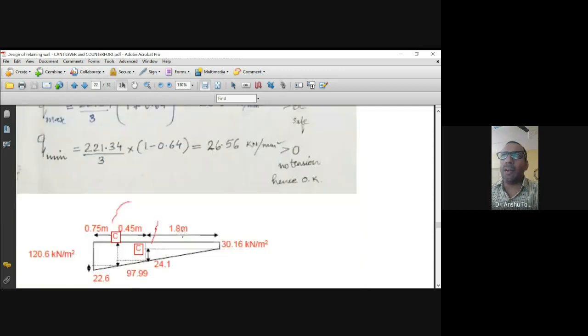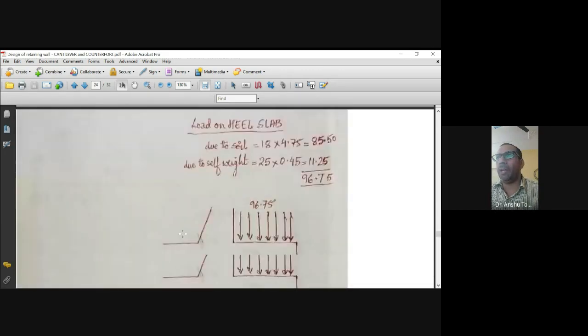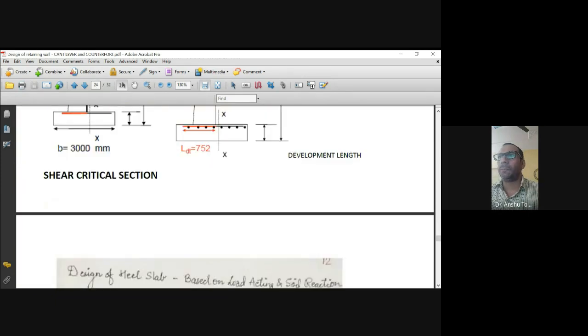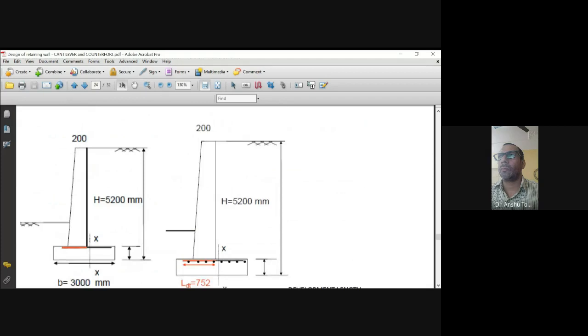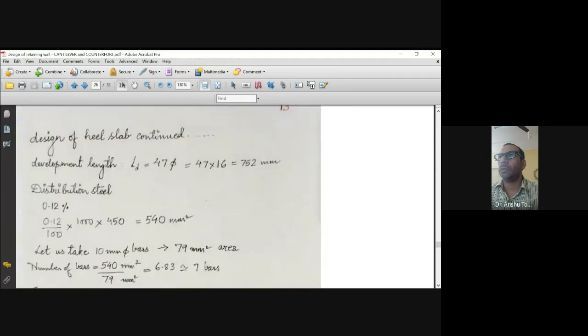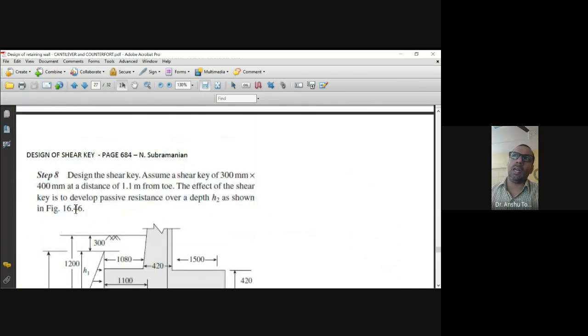In case we have to provide a shear key, I have shared it somewhere, I think at the bottom. This is available during the design of heel and toe.